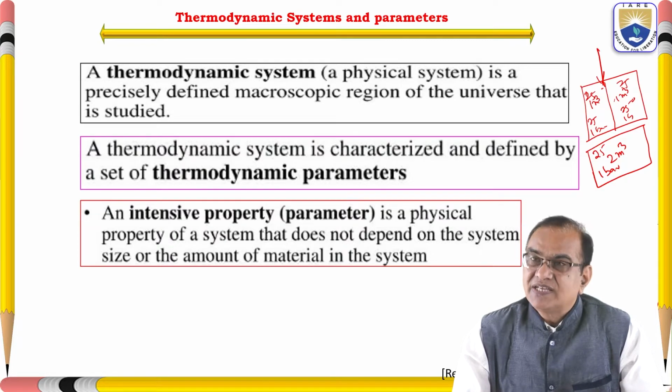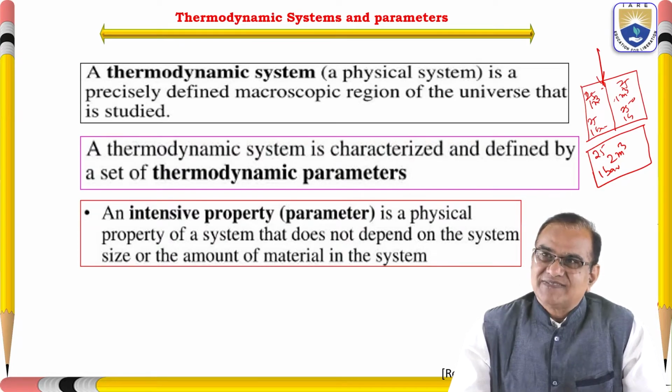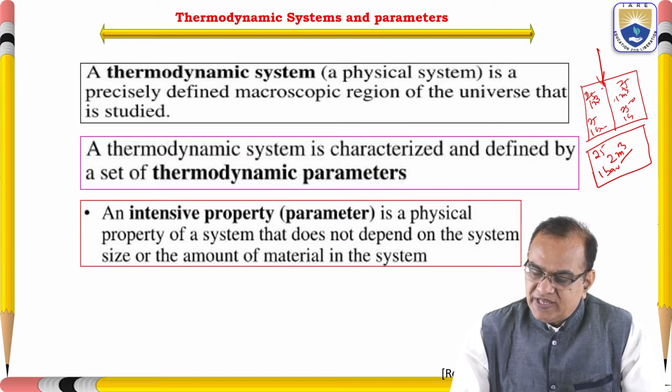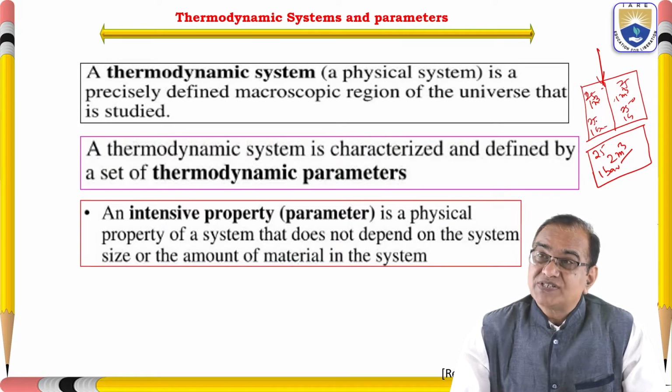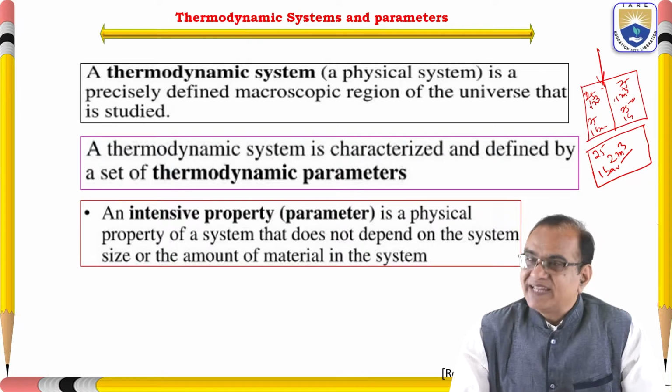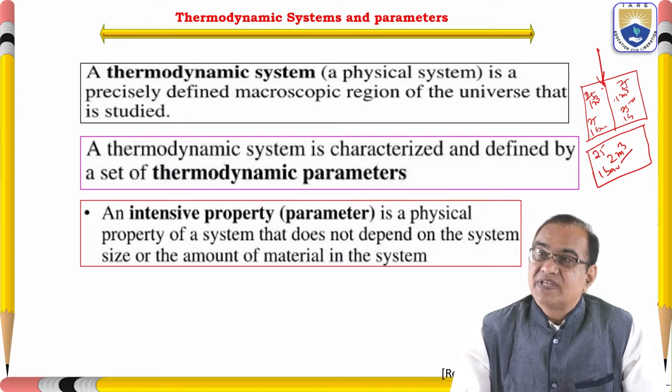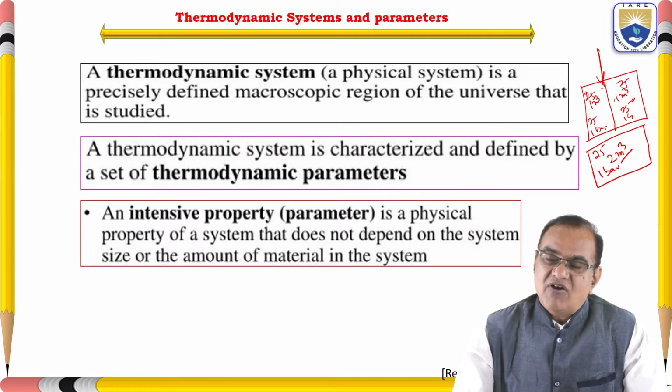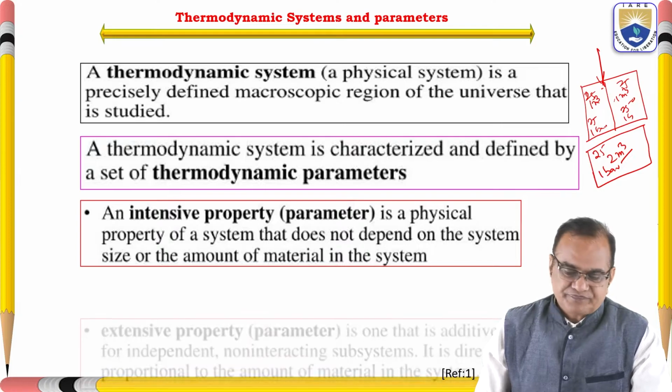If the size is increased, the volume is also increased. Here it is 2, but here it is 1. So volume is not an intensive property, but pressure and temperature remain the same. This is called an intensive property or intensive parameter.